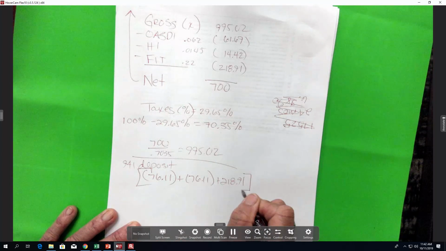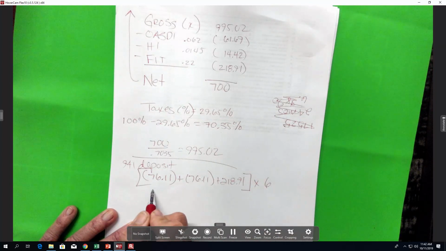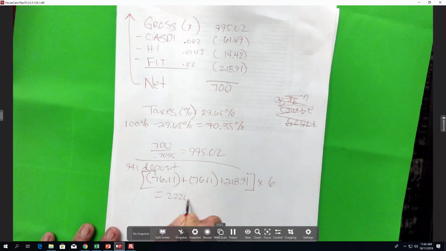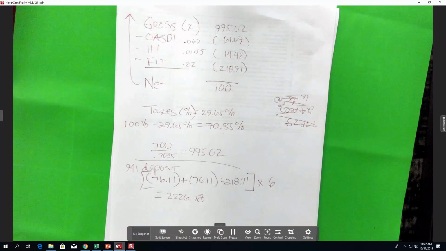Yep. Times 6 paychecks. So what did my 941 deposit end up being? 2226? Yep. Do I have a second on that number? 78. Now finish this off. How much did these checks actually cost me to cut? Because then I wrote each of you a check for $700, right?